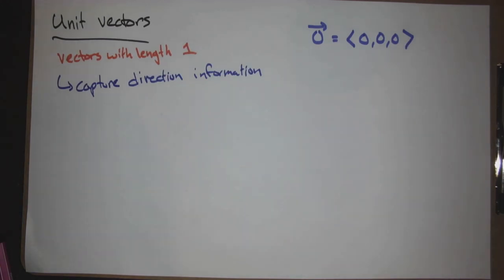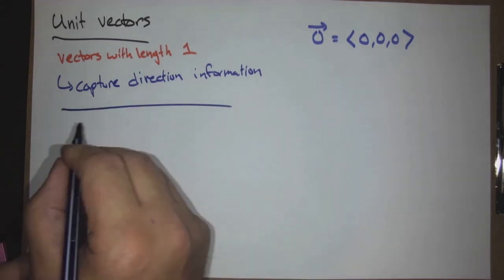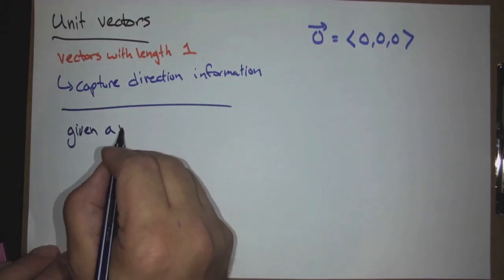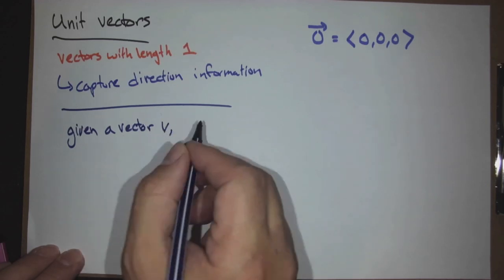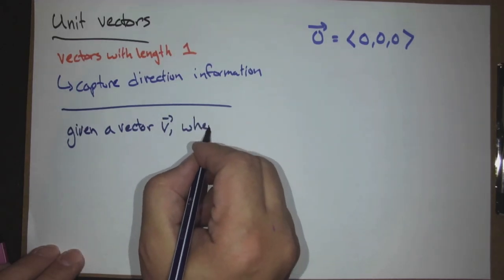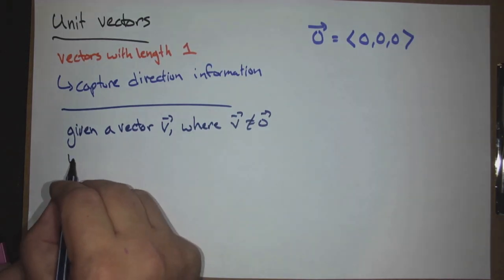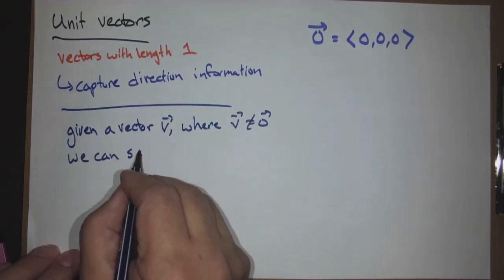So, okay, unit vectors. Now, what can you do? Nice fact: given a vector v where it's non-zero, we can scale to get a unit vector.